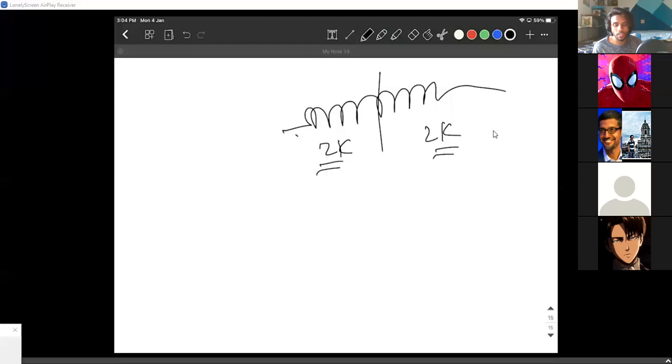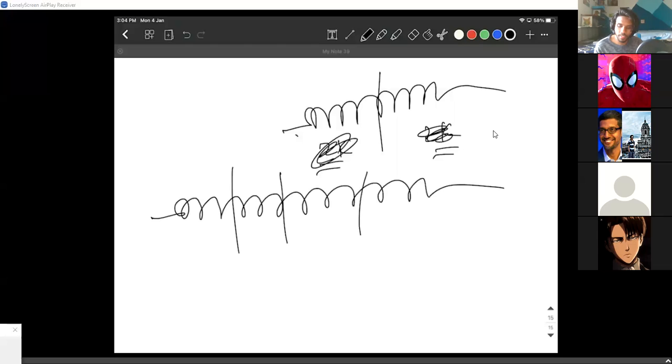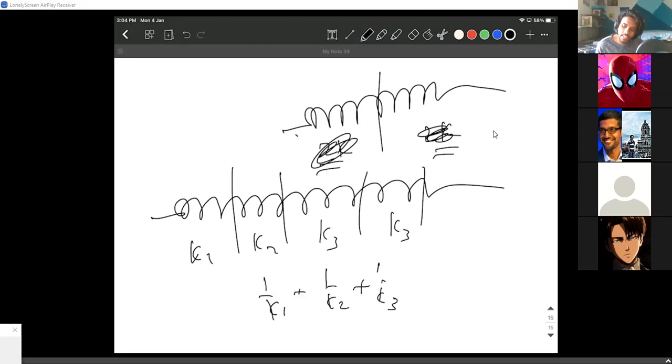So once, can you just explain if we have an infinite number of pieces? Let us say you cut a spring into different pieces, k1, k2, k3, k4. The thing is 1 by k1 plus 1 by k2 plus 1 by k3 plus 1 by k4 must be equal to 1 by k effective, which was the original spring constant.